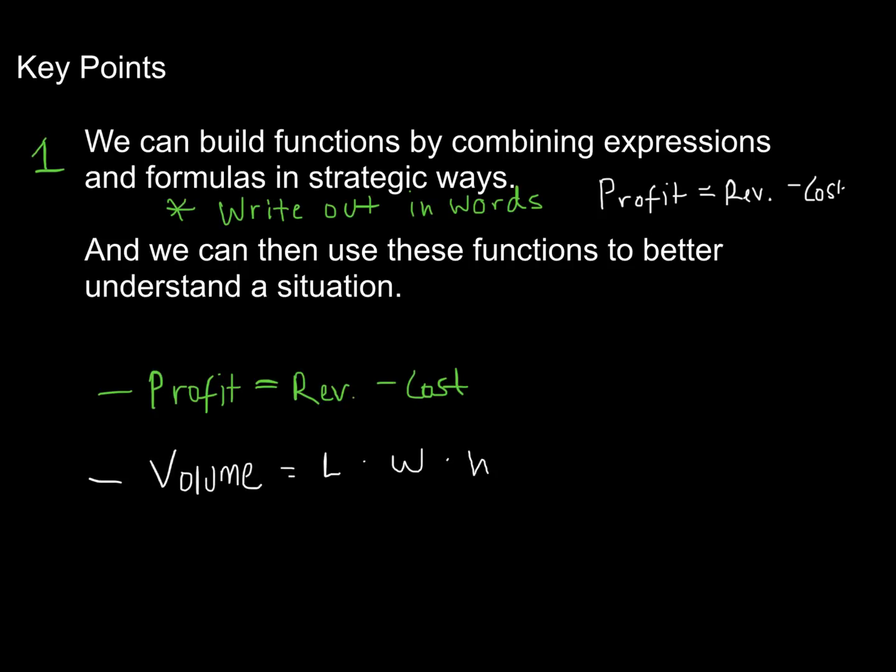Similarly, if I have a function or an expression that represents the length, and one that represents the width, and one that represents the height, I can combine them by multiplying them to get the volume. So let's continue to build on these situations and apply them to some different situations where we can combine functions that make sense in order to get a new function that will tell us a little more about a situation.